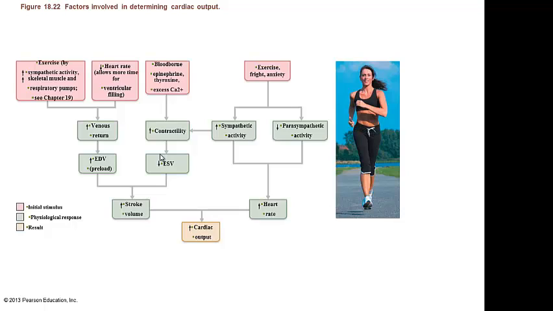So those things can also increase cardiac output by increasing your heart rate. Anytime I mess with a number in the formula, I'm going to mess with cardiac output. So if I decrease heart rate, I'm going to decrease output. If I increase either one, I'm going to increase cardiac output. Yes? Good.